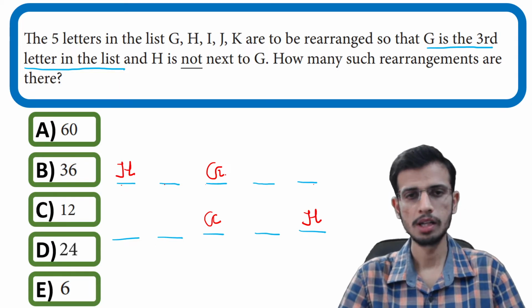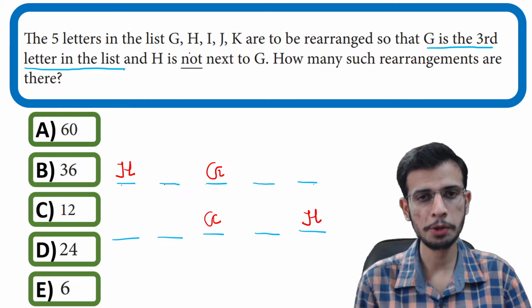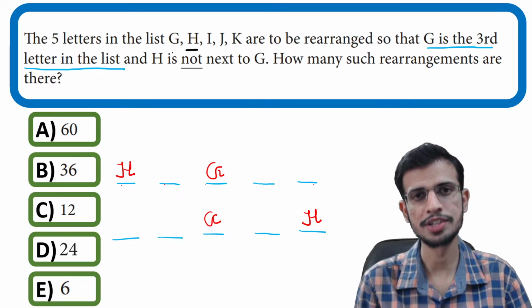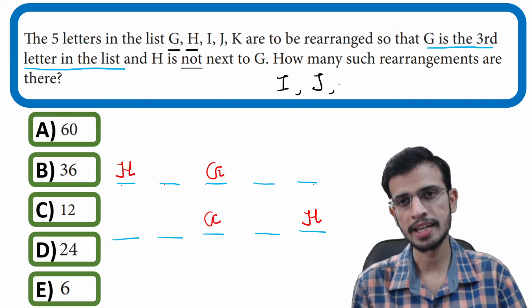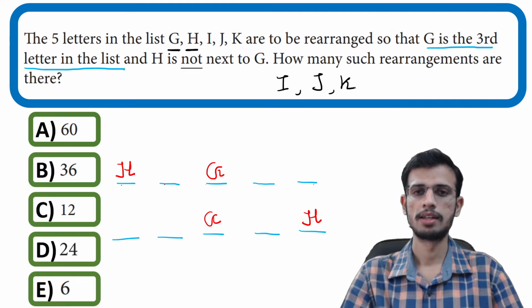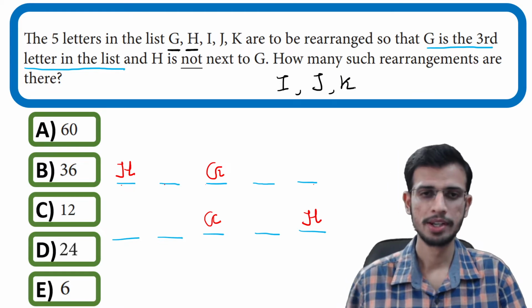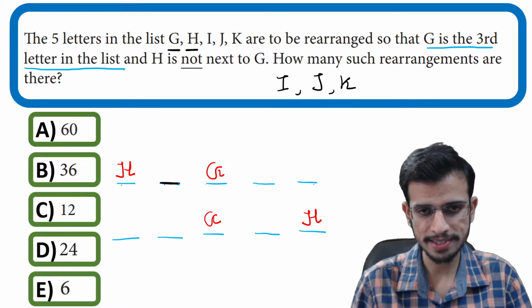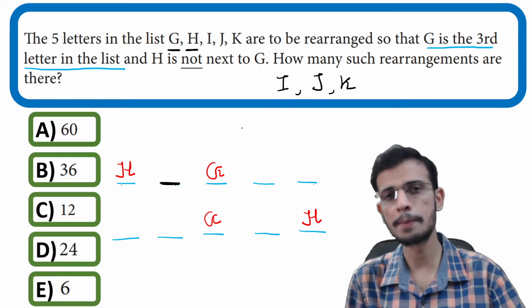Now we are left with 3 letters. We have used H and G, so we are left with I, J and K, and there are no constraints left in this question. To fill this place, there are 3 available options, out of which you can put any 1 letter.